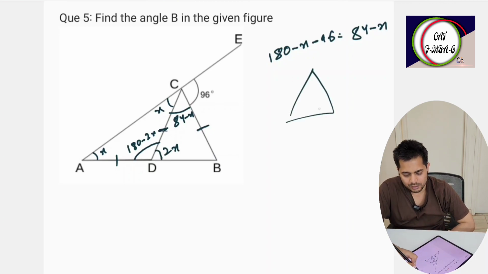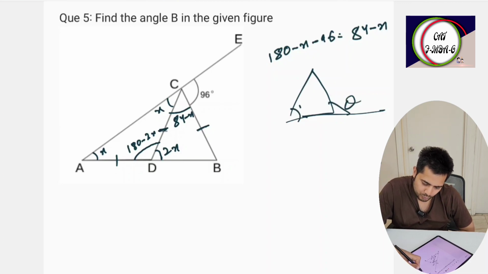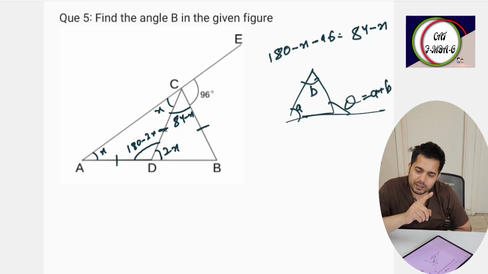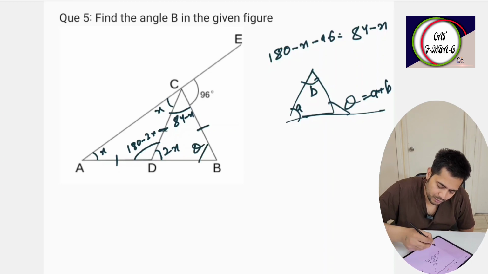Otherwise, in a triangle, you can directly say theta is equal to a plus b. The exterior angle is equal to the sum of the two opposite interior angles. So this is 2x. What is this angle? Let it be theta.